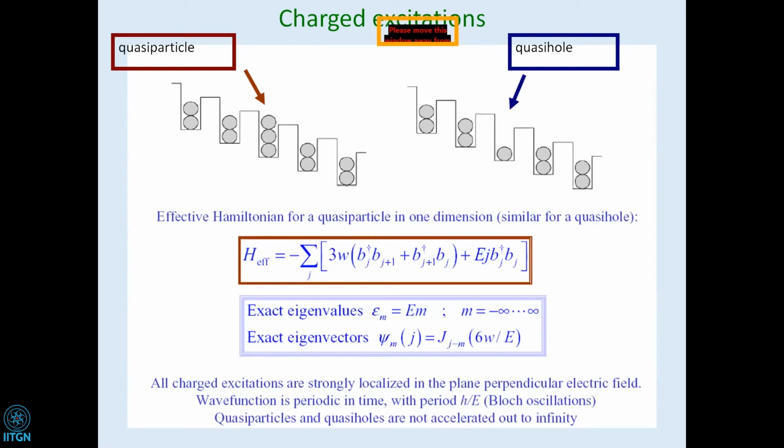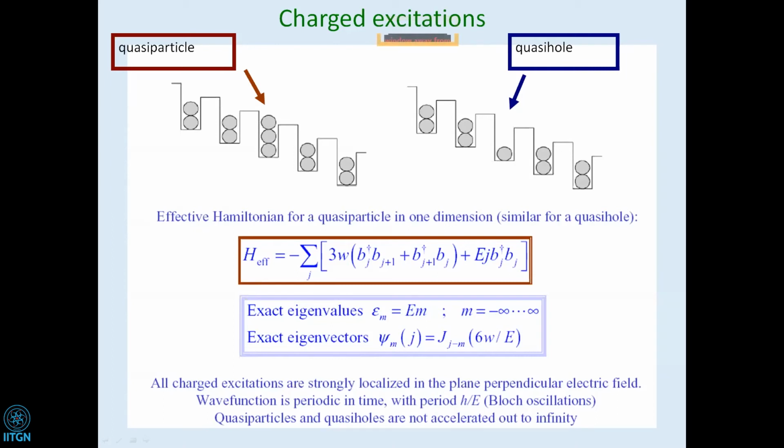They are at least order U energy higher compared to the ground state, because that's typically the energy you require to put in an extra boson. Similarly with a quasi-hole, if you want to take one out, a similar consideration applies.